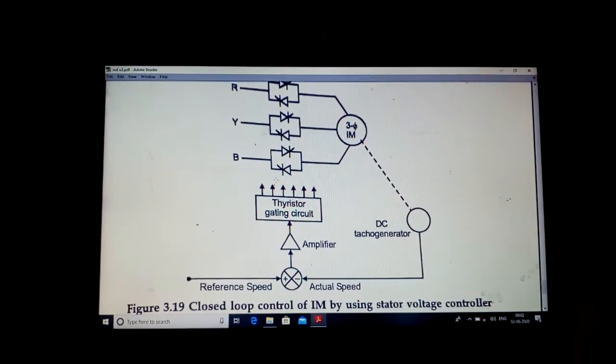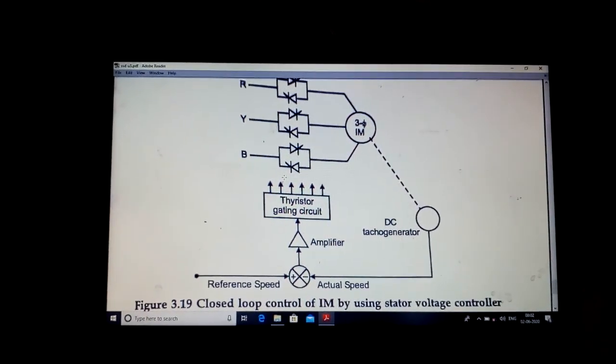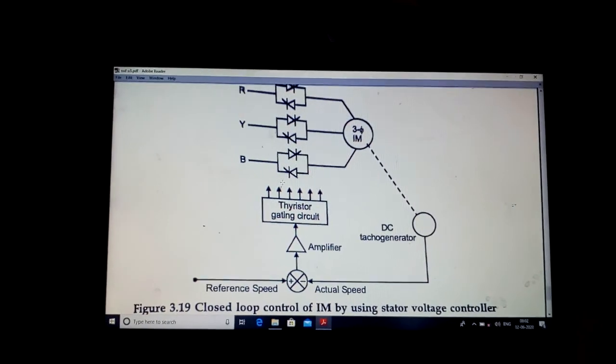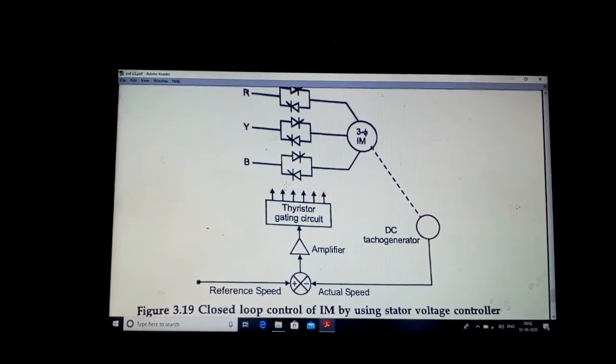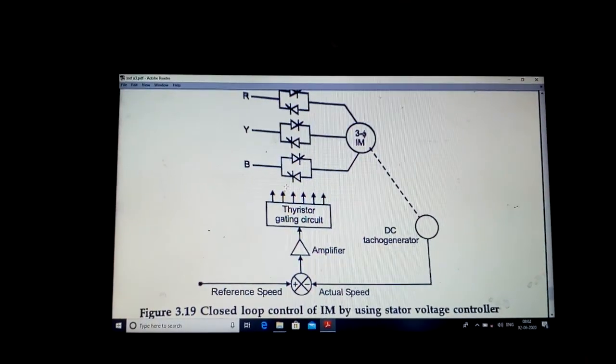Based on the reference and the actual speed, the error is detected and amplified, and it is given to the thyristor gating signal. By varying this, the speed of the induction motor can vary.